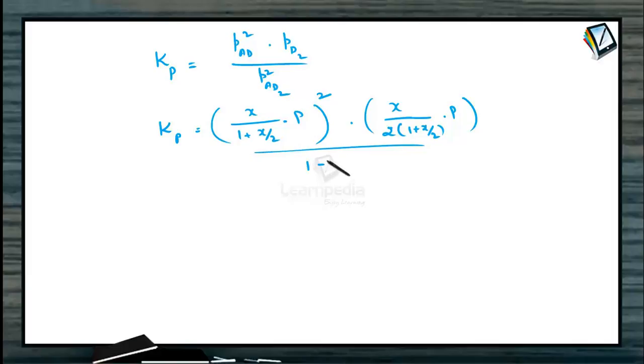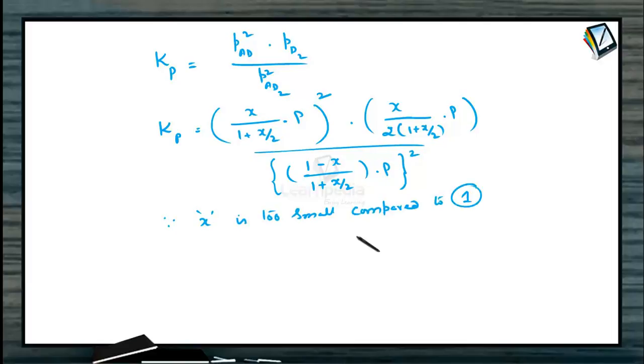So it is 1 minus X by 1 plus X by 2 into P whole to the power of 2. And remember that it is given X is too small compared to 1. Therefore, we can make an assumption that 1 minus X is nothing but 1, 1 plus X by 2 is nothing but 1.